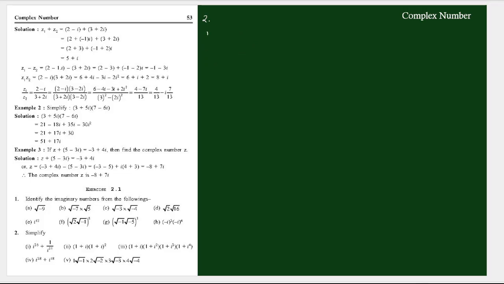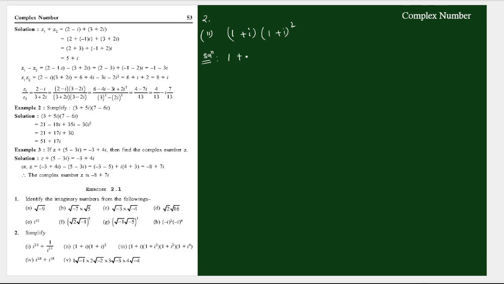Okay, now we'll do number 2. (1 plus i) whole squared, this is (a plus b) whole square.